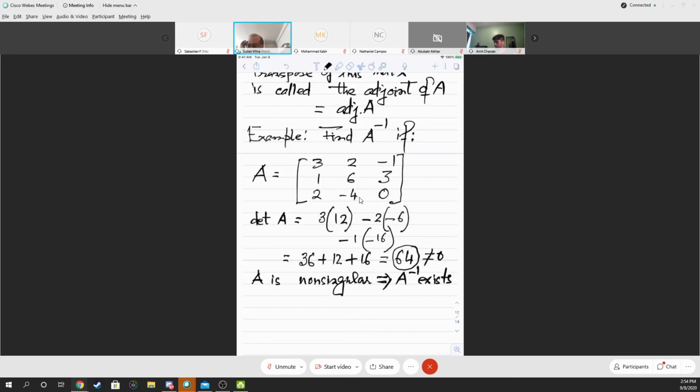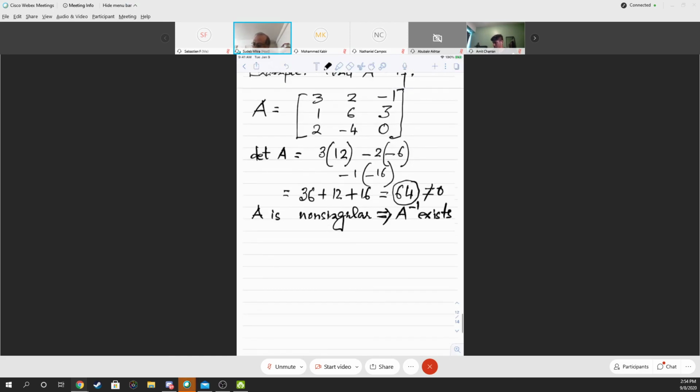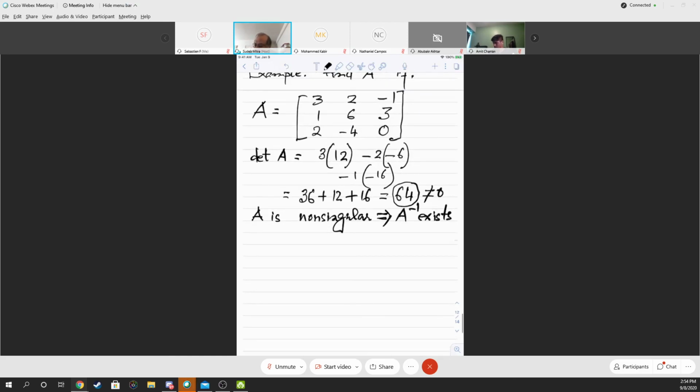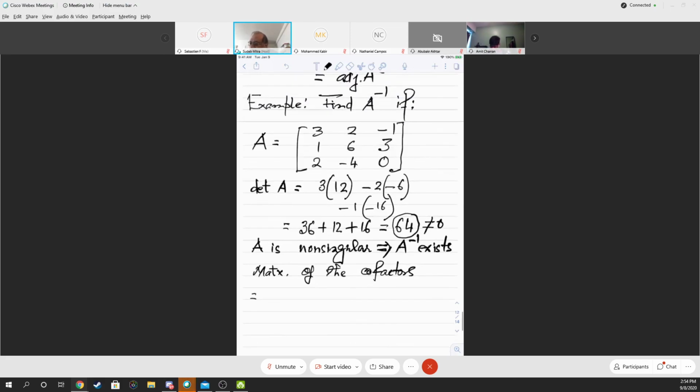Okay, now find the matrix of the cofactors. That means you have to do it very carefully. Now, when you do the matrix of the cofactors, you have to be careful about the signs.